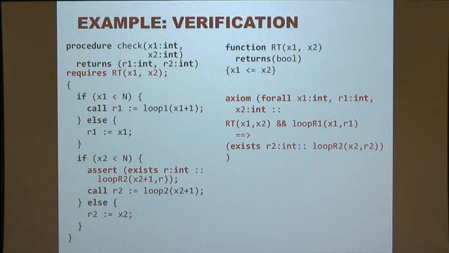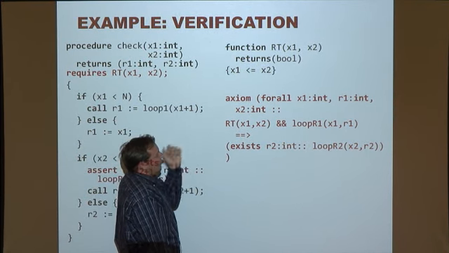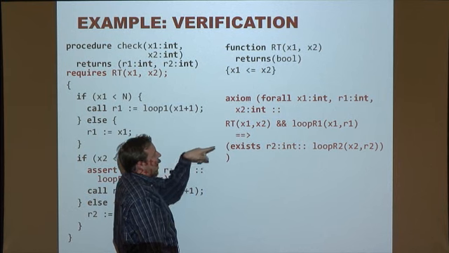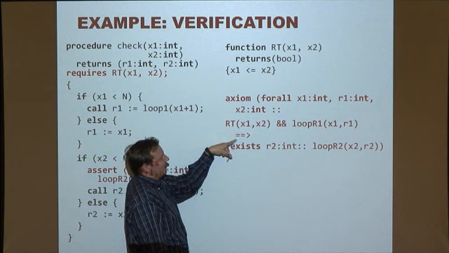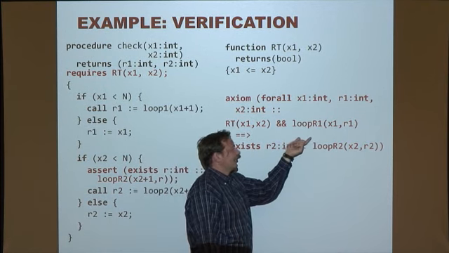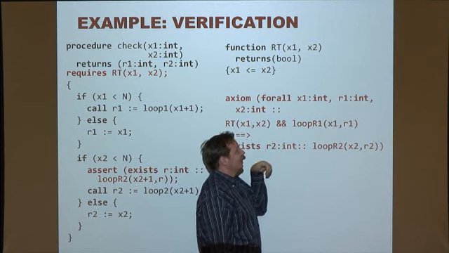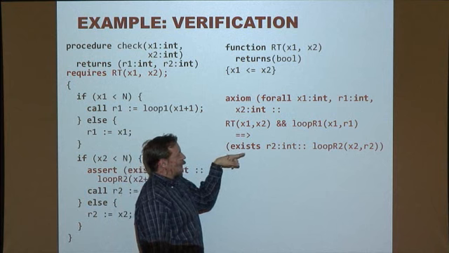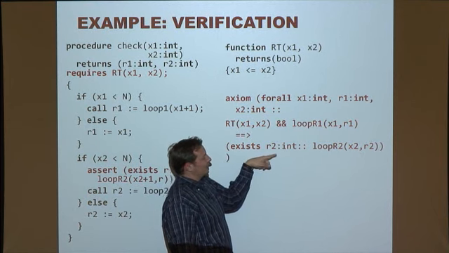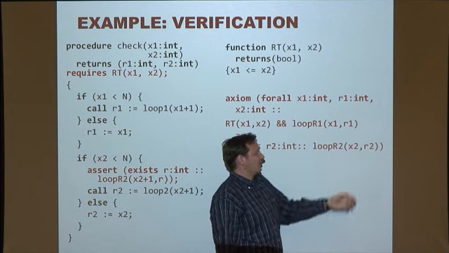And this is the axiom that I was talking about. This axiom is saying that if the relative termination condition holds and loop 1 terminated, then there should exist R2 such that loop R2 also terminates.